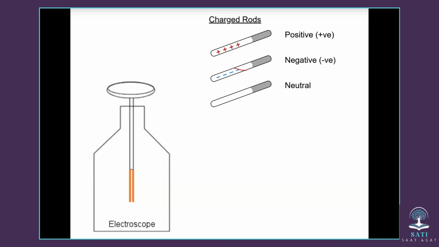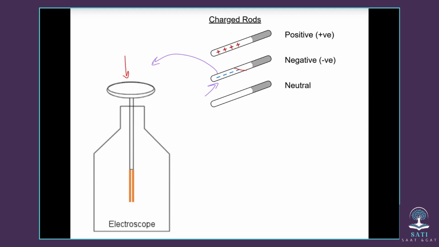What happens exactly? As we said, normally on this disk the number of protons equals the number of electrons, so it's neutral. When we bring this rod near the disk, the rod is negatively charged, so it has more electrons than protons.